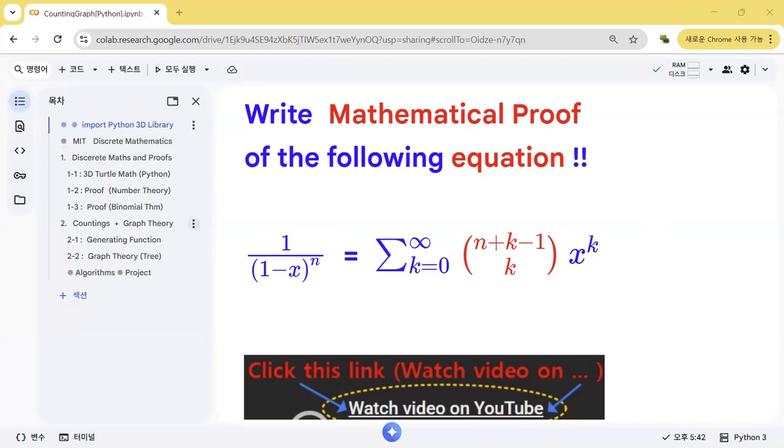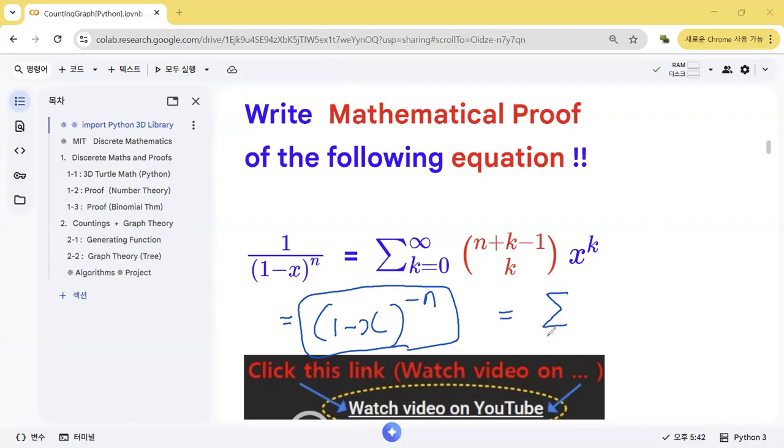So in fact, this one is (1-x)^(-n), okay, minus n, like this one. So then from this one, the sum over k from 0 to infinity. Now this is an infinite series, okay? So now this one is minus n choose k.